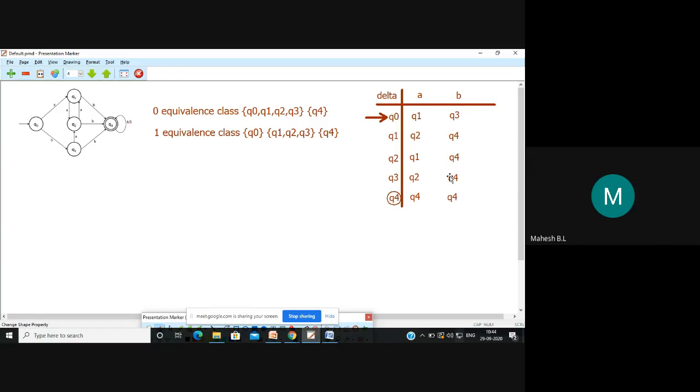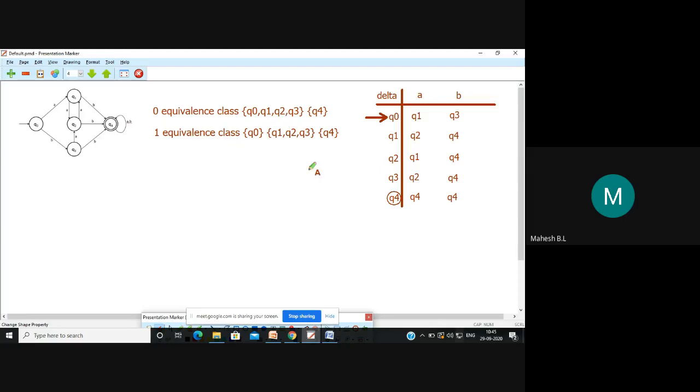All of them make transitions to either Q1 or Q2, which are equivalent as of now, so there is no difference on A. On B, there is no difference at all because all of them go to Q4.